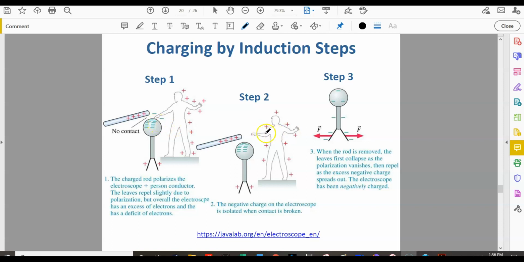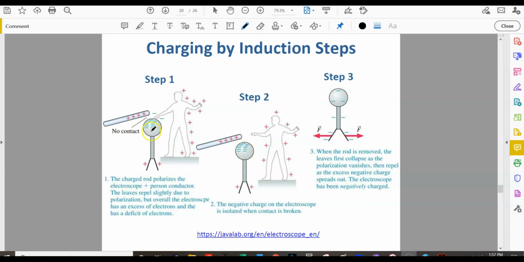Well, now they've lost a bunch of electrons. Okay, and the number of electrons that would be is the deficit between this and this. So here it had 1, 2, 3, 4, 5, 6, 7, 8, 9, 10, 11. And this person over here now has 1, 2, 3, 4, 5, 6, 7, 8, 9. So they've lost 2 electrons, and these 2 electrons are now gathered onto this surface, right?